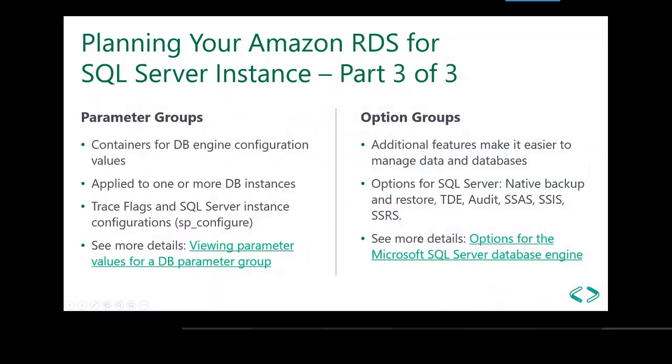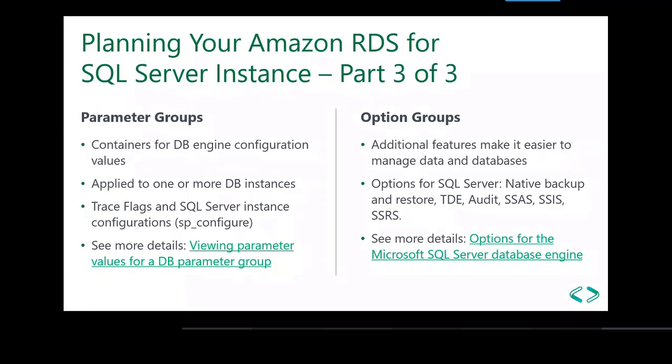And finally, on part 3, you need to understand parameter groups and also option groups. Parameter groups, we're not going to do any demo on, but we will do a demo on option groups because this is required for us to restore a database. Now, parameter groups, as we pointed out earlier, you're not going to have access to the operating system.